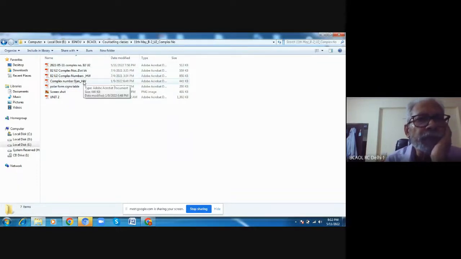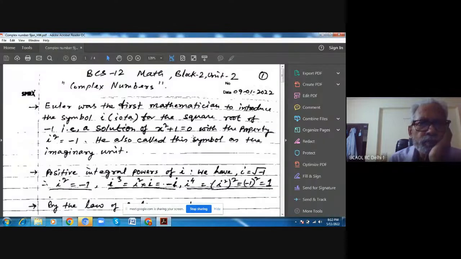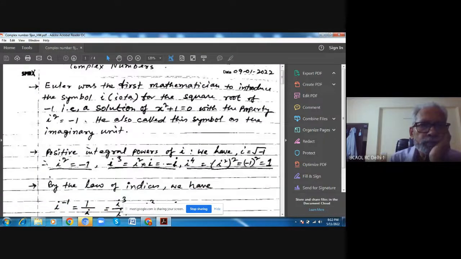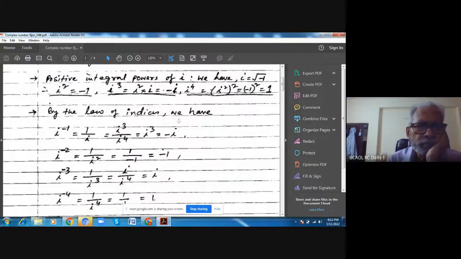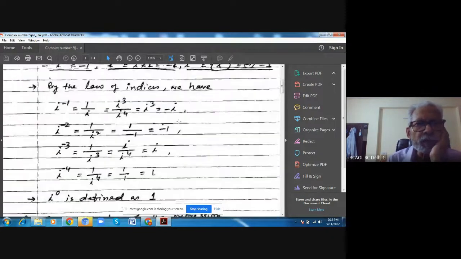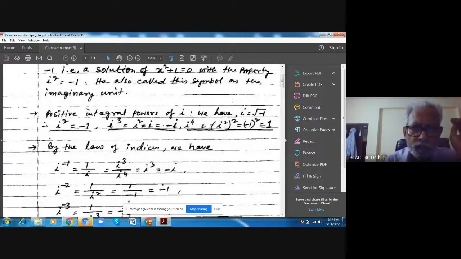This is almost the same thing. Here some other processes are there. Same thing is also a part of it.